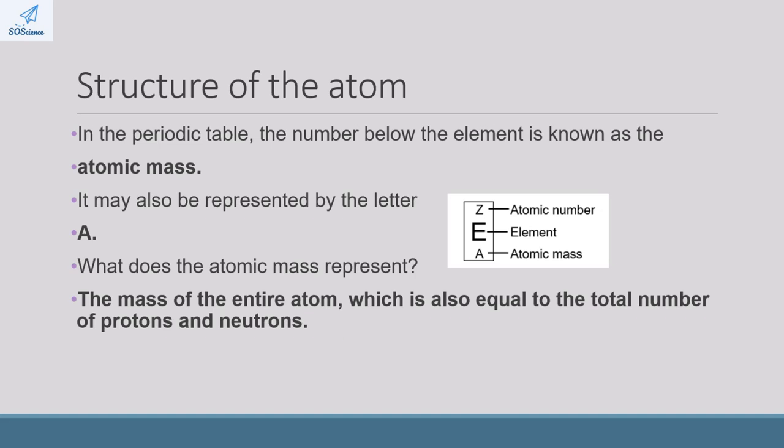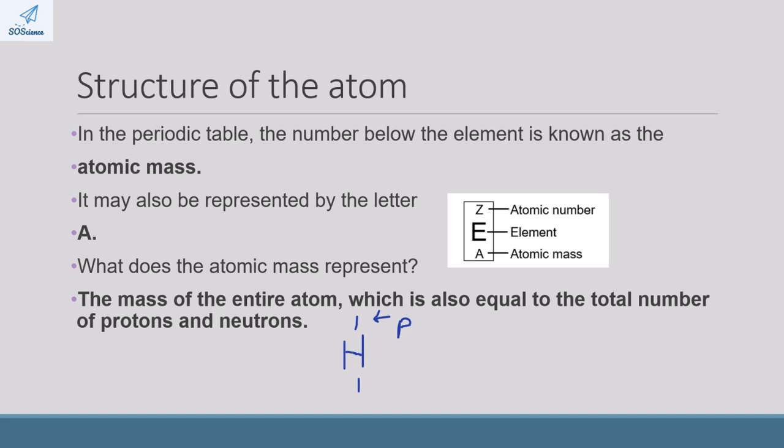Let's consider a hydrogen atom. A hydrogen atom on the periodic table has an atomic number of 1, and it has an atomic mass of 1. Now, this atomic number over here represents the number of protons. So, a hydrogen atom has 1 proton in its nucleus.